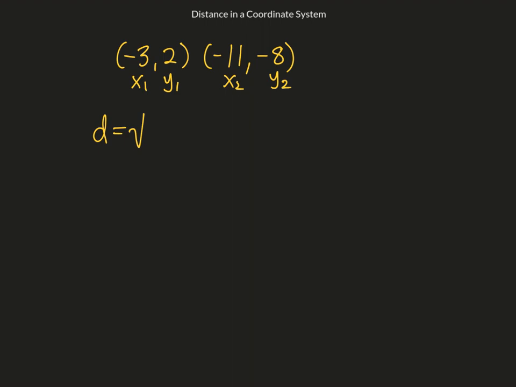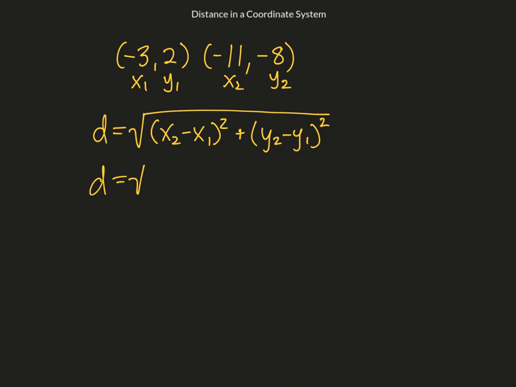Distance equals the square root of the difference in x values squared. That'll give me side A, plus the difference in y values. That gives me side B squared. And then we're going to square root all that.